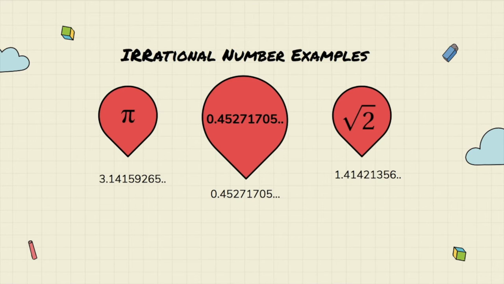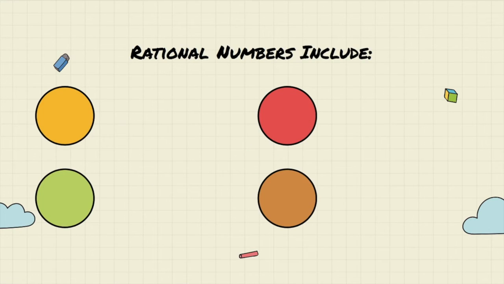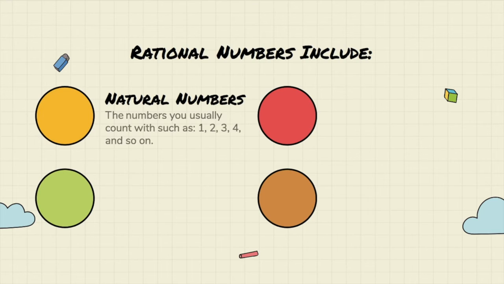Now, we should look at what number categories are considered rational and irrational. So first we have what rational numbers include. So some number groups that are included in rational numbers are natural numbers. These are numbers you usually count with, such as 1, 2, 3, 4, and so on.